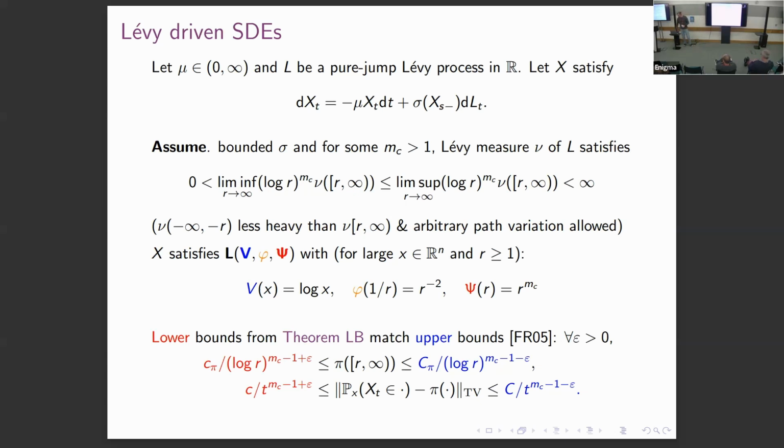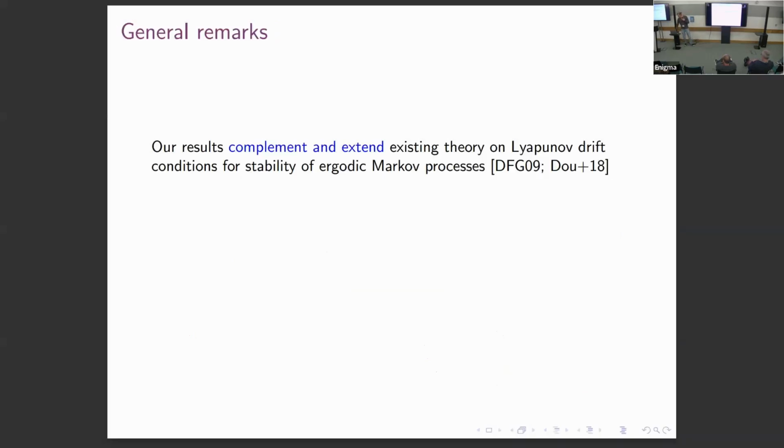Okay, now those were the models we studied. There are just some remarks I'd like to make. So our results complement and extend the existing theory on Lyapunov drift conditions by allowing us to get matching lower bounds to the known upper bounds, and therefore use this Lyapunov function to characterize asymptotic behavior of processes.